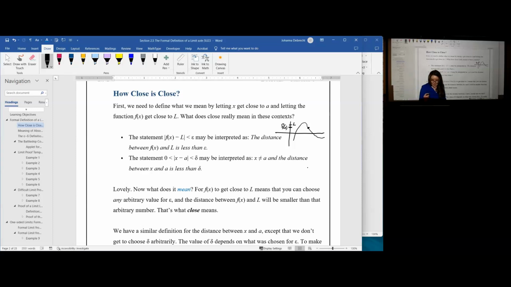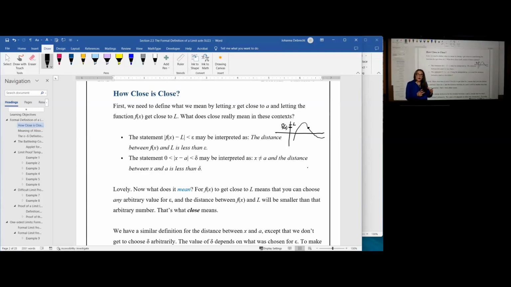So let's say that we take the distance between them, and we know this distance between them has to be less than epsilon. However, depending on the graph, we don't really know if L is going to be above the y value or below the y value. It could be in either direction. So f of x minus L could be positive, or as in this case, it could be negative.